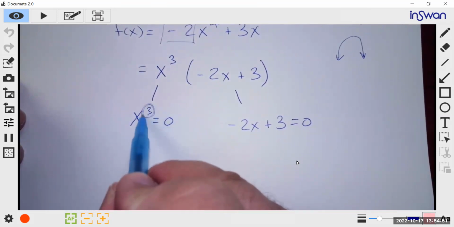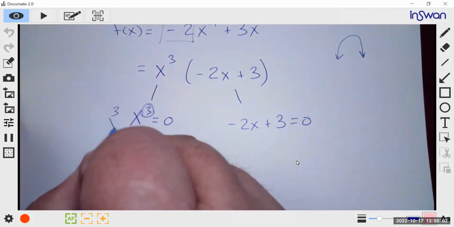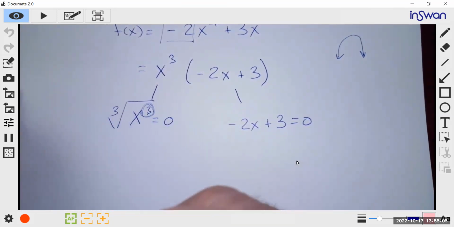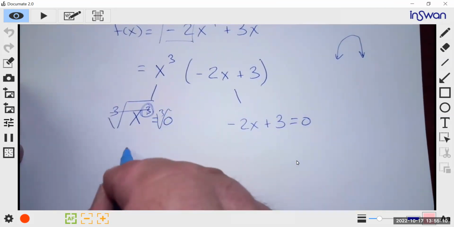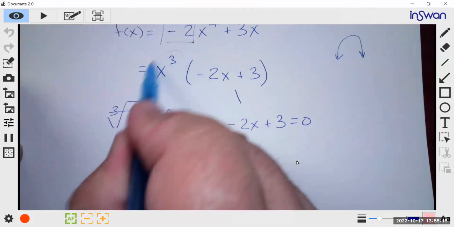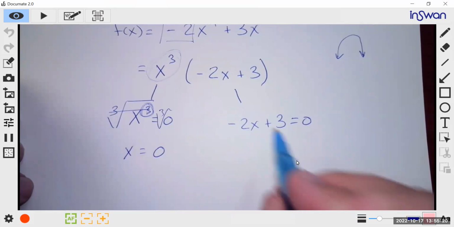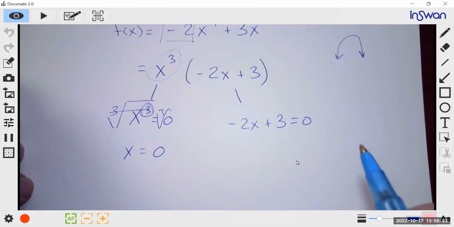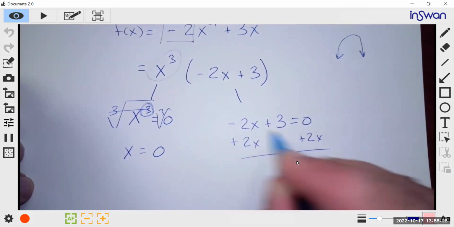How do you get rid of the cube? Cube root. Whatever that is, that goes in the root. We do it to both sides. So x equals 0. Basically, whenever you have a constant times x by itself, it's a 0 automatically. And this one, I could add 2x to both sides, so I don't have to worry about changing anybody's signs.